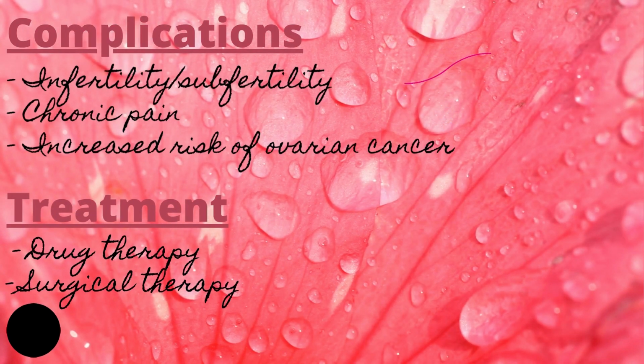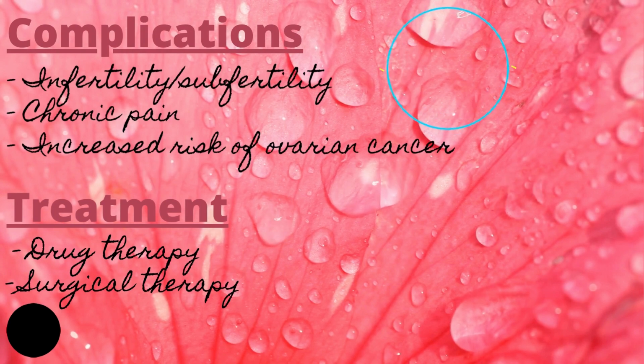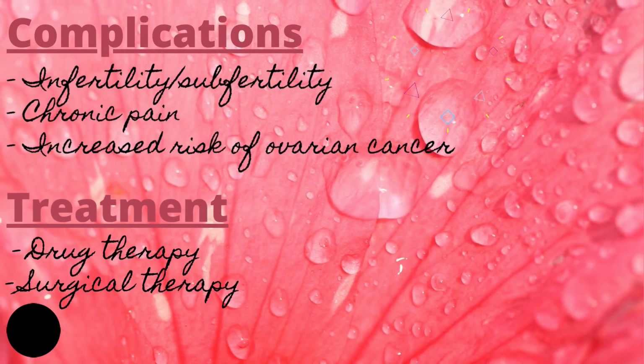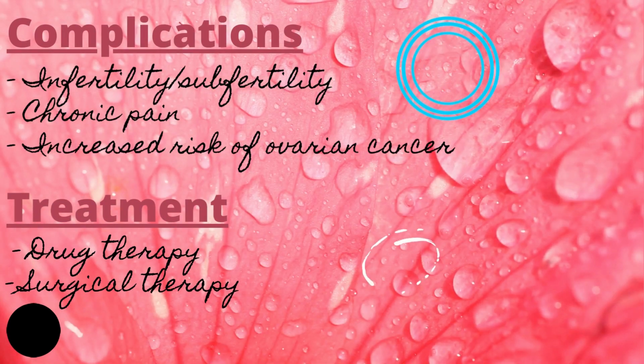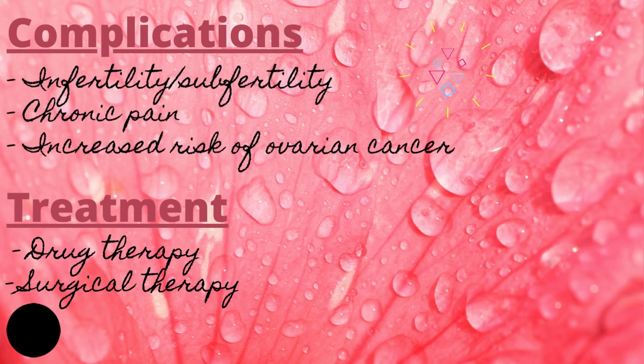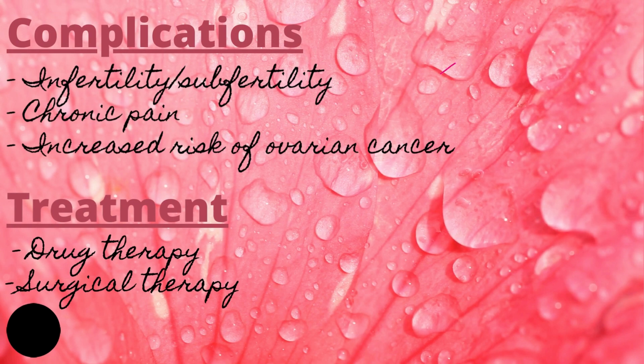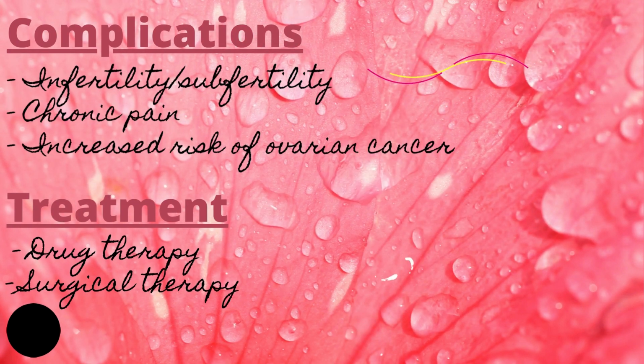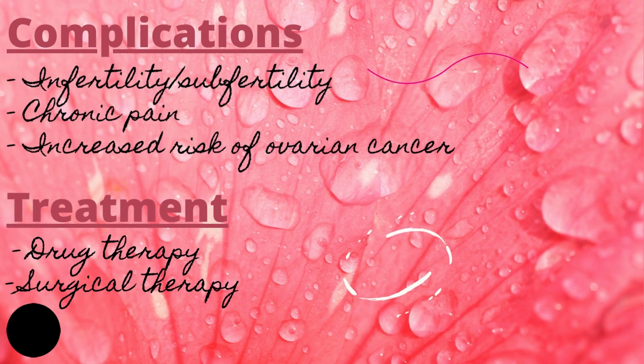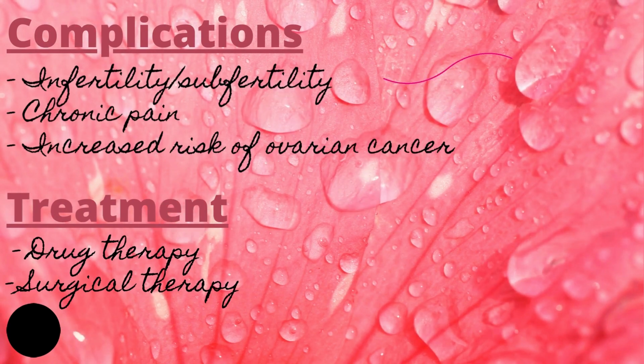Now, talking about the treatment, there's actually no definitive treatment for endometriosis, and the management options depend upon the desire to preserve fertility. Basically, there are two therapies that can be given: drug therapy or medical therapy, and surgical therapy.